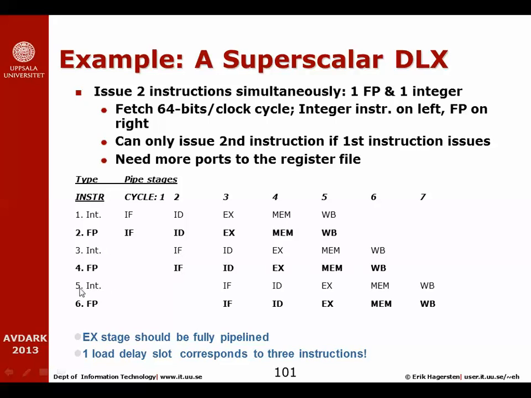And also, to fill the delay slot, we needed to fulfill the requirement that this instruction is independent of the branch and this is independent of the branch. So now with a single delay slot in your pipeline, you actually have to find 3 independent instructions, not just 1 independent instruction as you did in the previous example. This is just one example of how the demand on ILP increases when you go to superscalar.